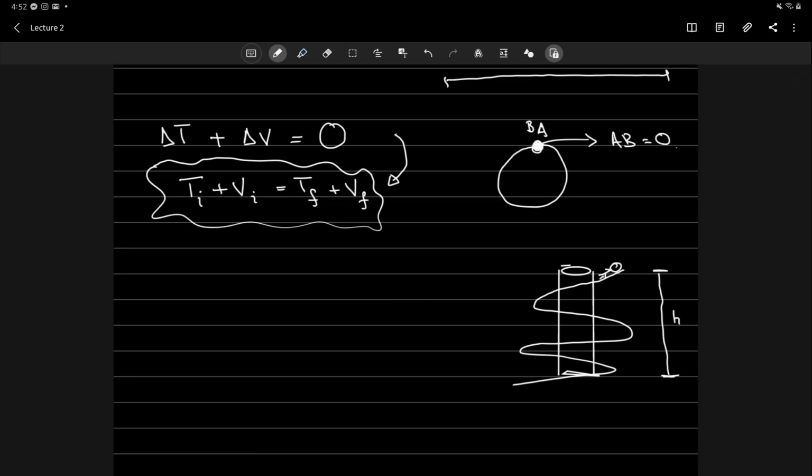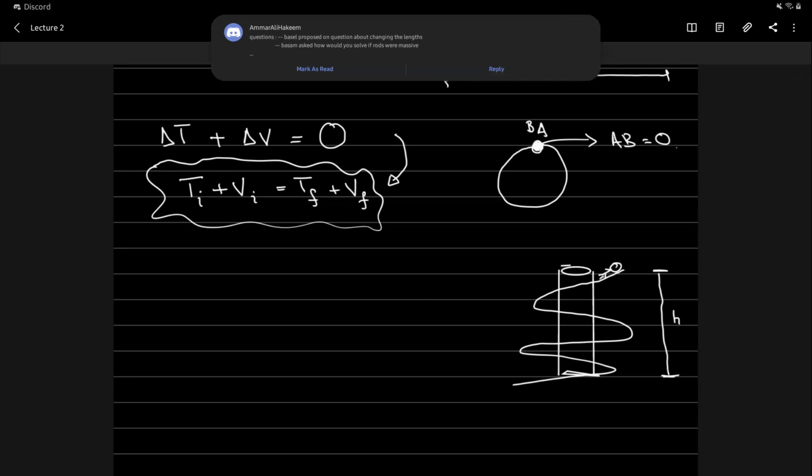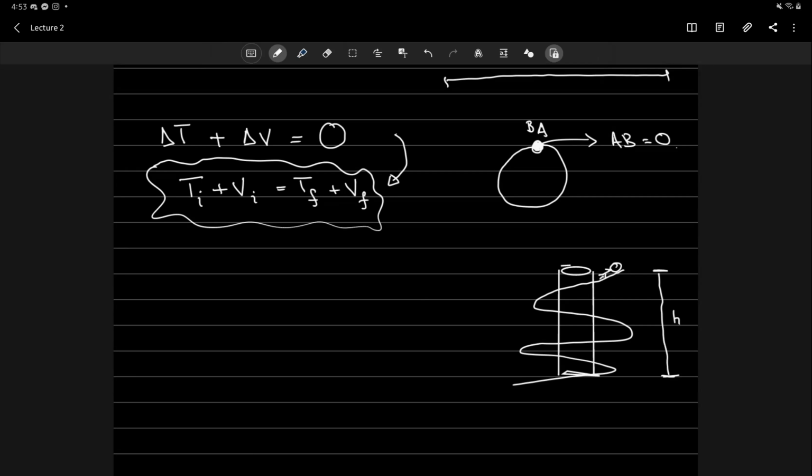Now one of the very important things over here that I would like to mention is that the child is released from a resting position. What that means is that initially the velocity of the child at the top is 0, right? So he's just released.